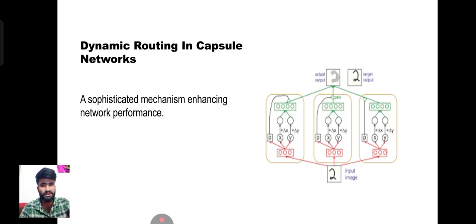Key points: introduced by Geoffrey Hinton and his team in 2017, it aims to improve the generalization ability of the network and handles part-whole relationships better than traditional CNNs.